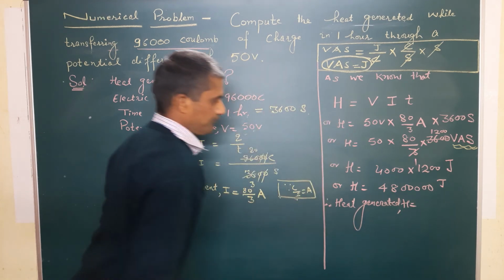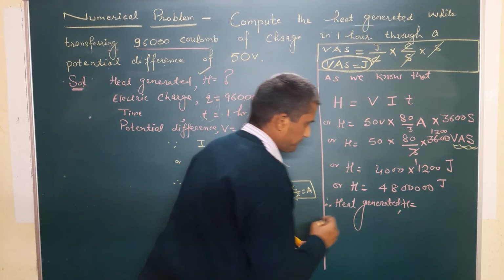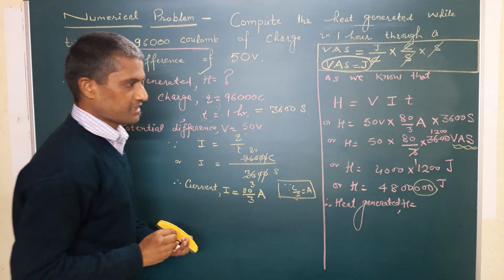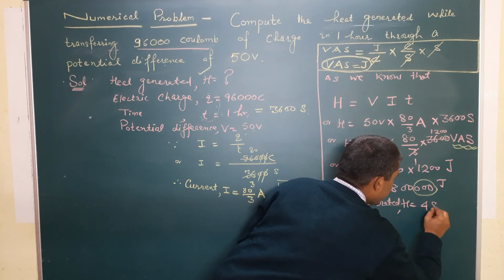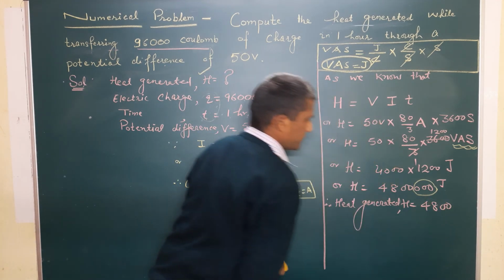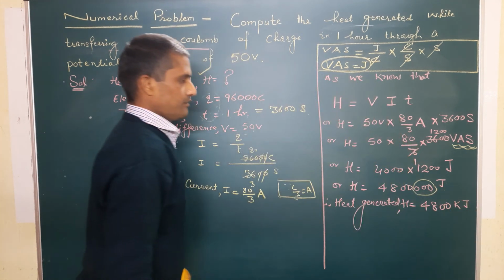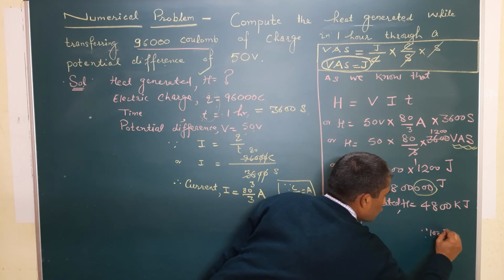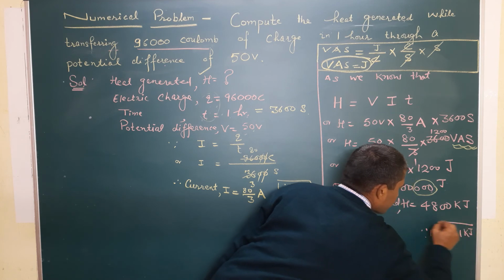H is equal to 4800 into 1000 joules, and 1000 joules means kilojoule, because 1000 joule is equal to 1 kilojoule.